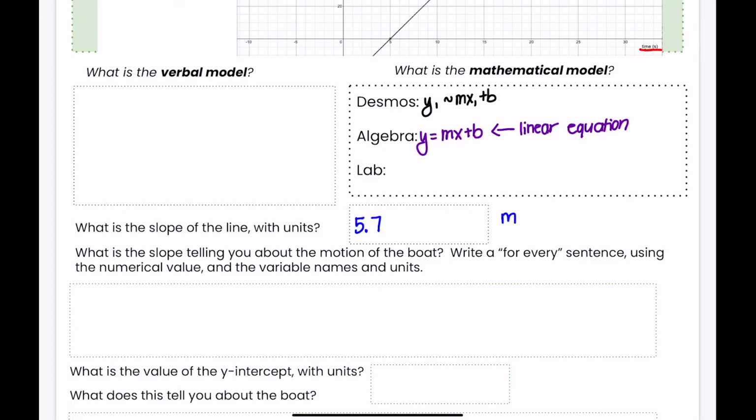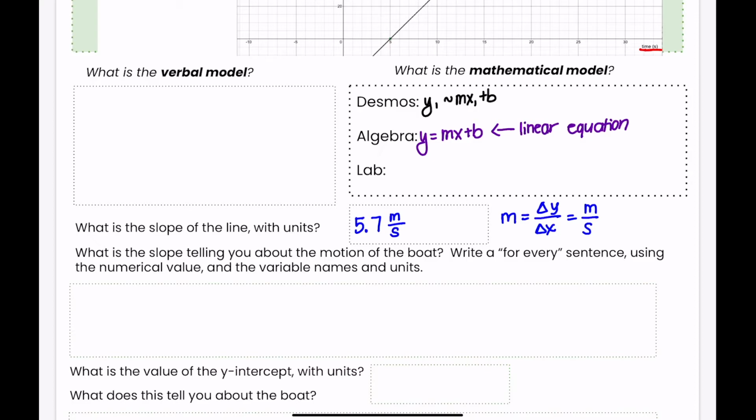If you remember, slope is the change in rise over the change in run. The units for rise are meters, and the units for run are seconds. So our unit would be meters per second.